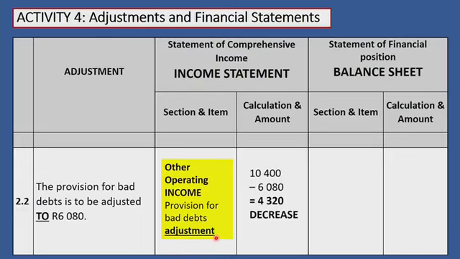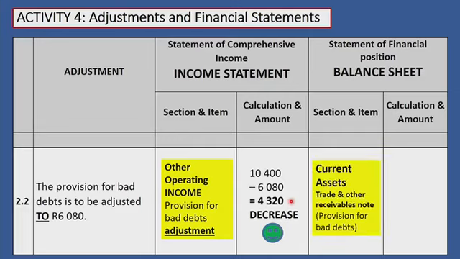And how did I get that? I took the 10,400 in the pre-adjustment trial balance minus this amount that it must end at. And how do I get 10,000 to drop to 6,000? I've got to decrease it with 4320, and that is a good thing. We are decreasing a negative provision, a negative asset, and therefore it's an income.